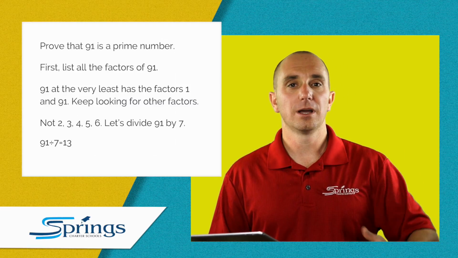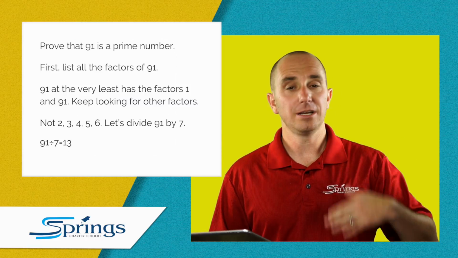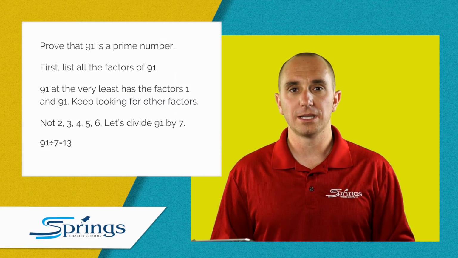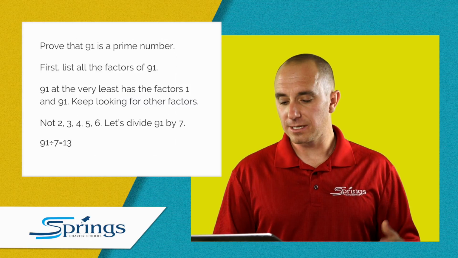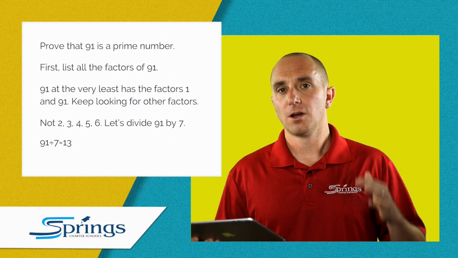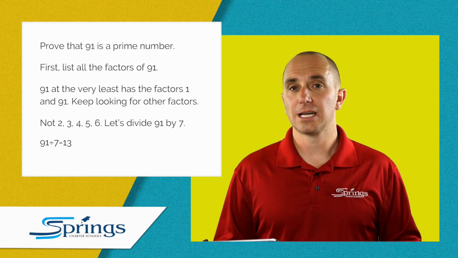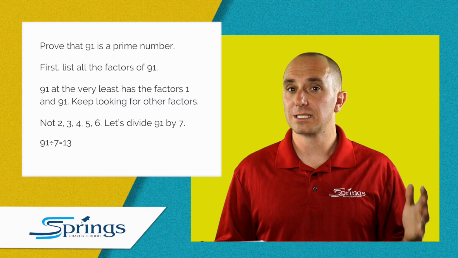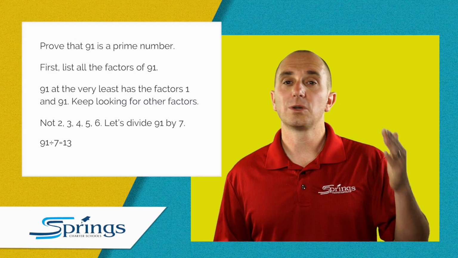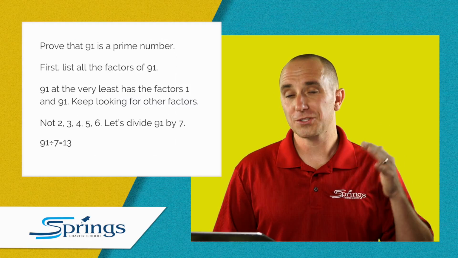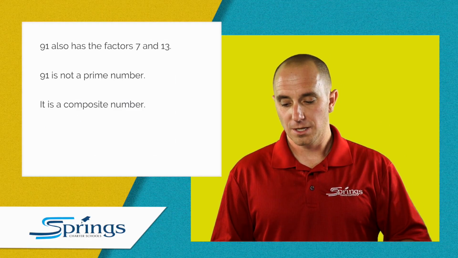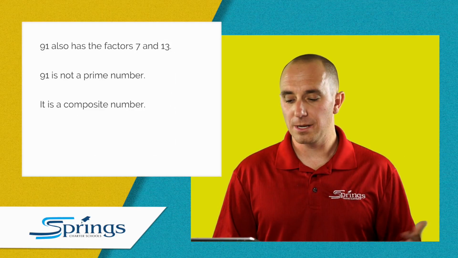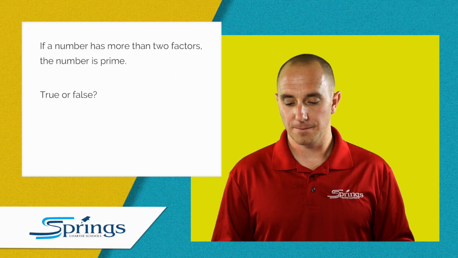So 2 doesn't go into it, and 3, 4, 5, and 6 do not go into the number 91 evenly. But when we get to the number 7, when we divide that in, it goes in 13 times. We now have another set of factors. So 91 is no longer considered a prime number because not only 1 and itself go into it, but also 7 and 13. Since 7 and 13 go into it, it's not a prime number and it's considered a composite number.